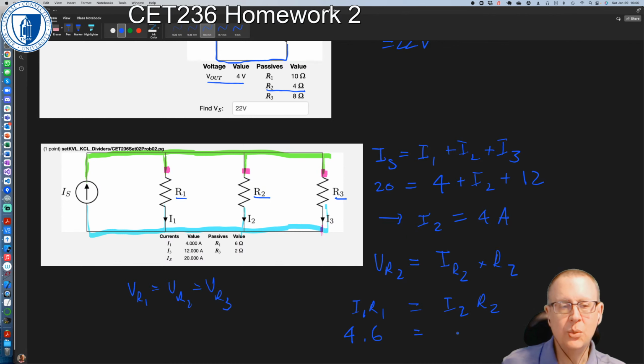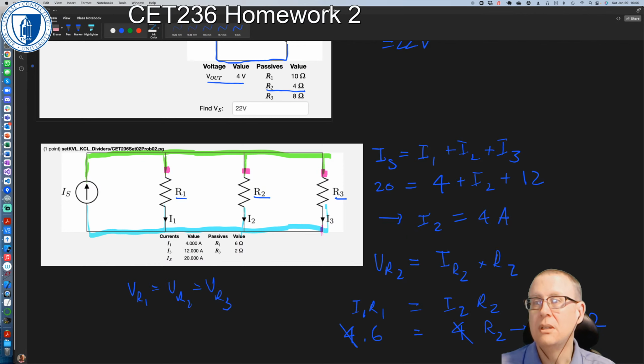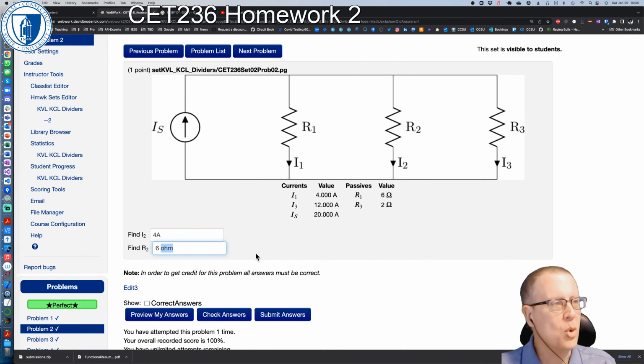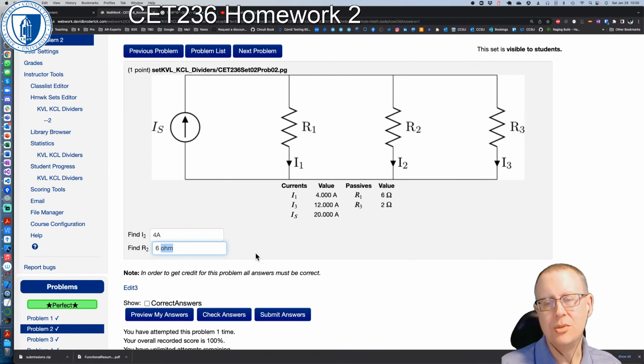And then I2 is 4 amps, and R2 is unknown. So that means that R2 equals 6 ohms. Right, and again, WebWork doesn't expect you to write the capital Greek letter omega, so just use OHM as the units here.